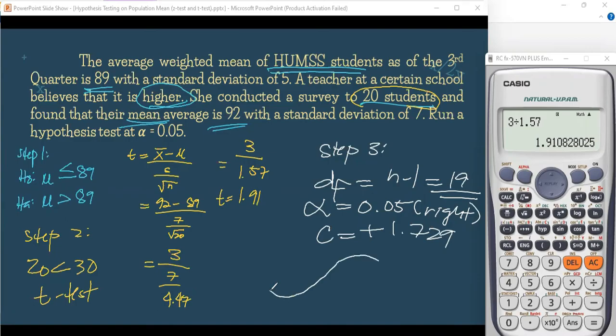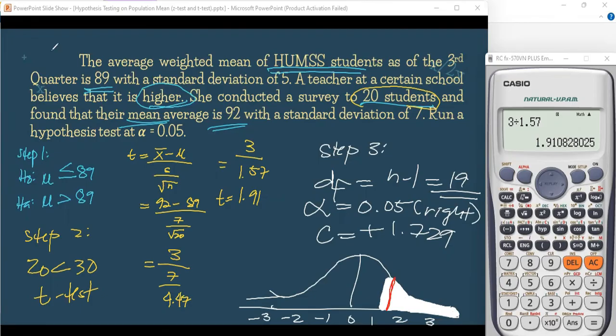So, sa ating normal curve, that will give us 0, 1, 2, 3, negative 1, negative 2, negative 3. So, positive 1.729. Si t po na 1.91 is nandito po siya.